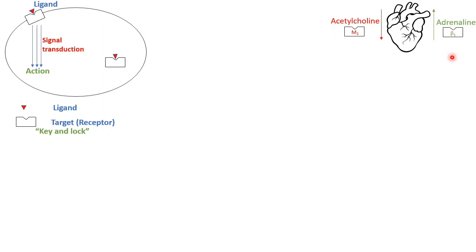And on the other side, we can have a patient that has tachycardia, or high heart rate, and we want to decrease his heart rate. So we can give a drug that acts on that receptor, on M2 receptor, like acetylcholine, and by that it decreases his heart rate.